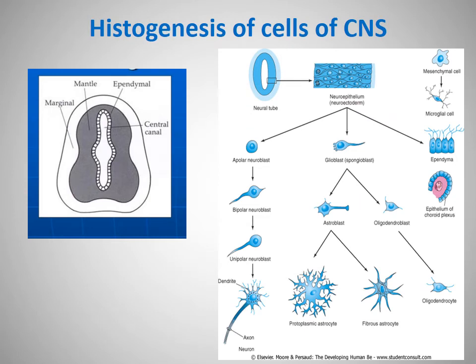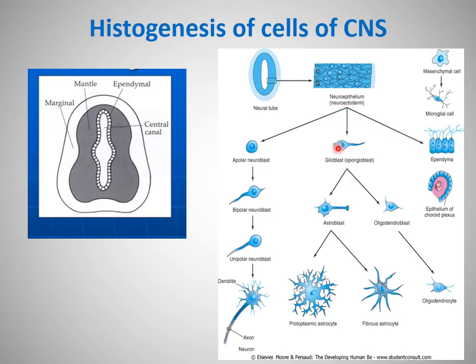Now, the histogenesis of the cells of the central nervous system. As we have discussed, the cells in the ependymal zone or the ventricular zone will give rise to all the types of the cells. They show highly mitotic activity, and they will also give rise to the glioblast cells or the macroglia cells.